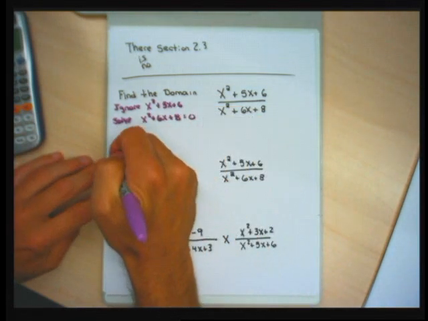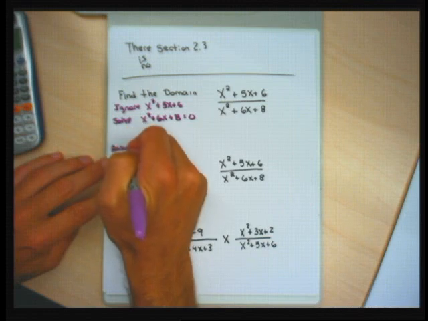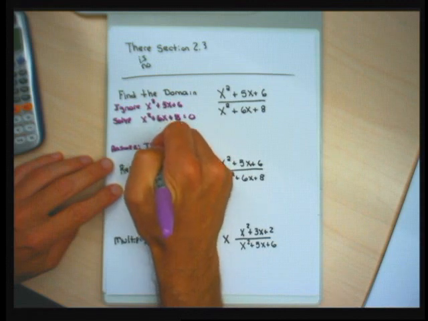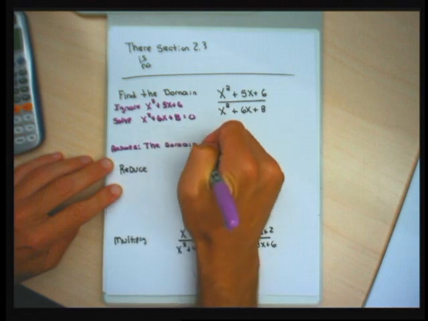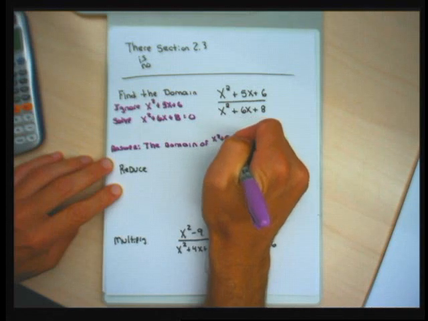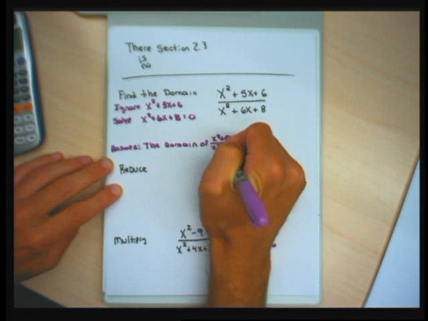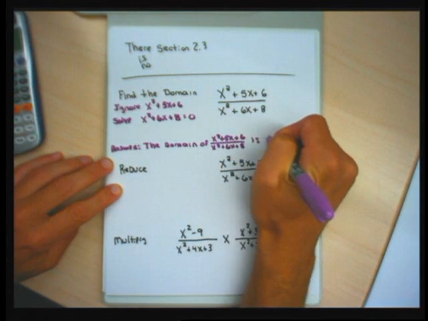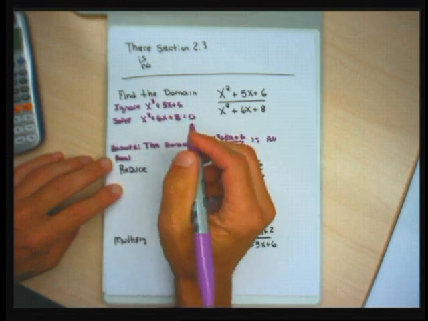And then after I solve that, I'm going to write my answer. And for the most part, I'll write my answer like this: the domain of the x squared plus 5x plus 6 over x squared plus 6x plus 8 is all real numbers except, and the algebra gives me the numbers for this sentence.